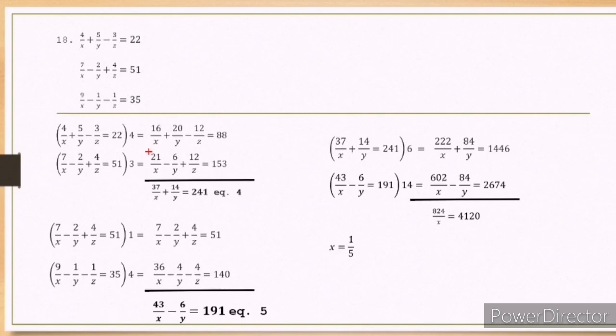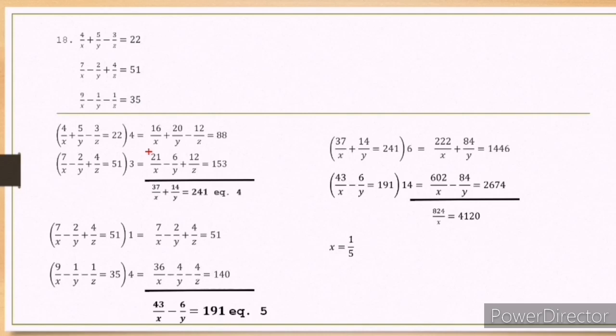Let's solve for x. 37 over x plus 14 over y is equal to 241, times 6 is equal to 222 over x plus 84 over y is equal to 1446.